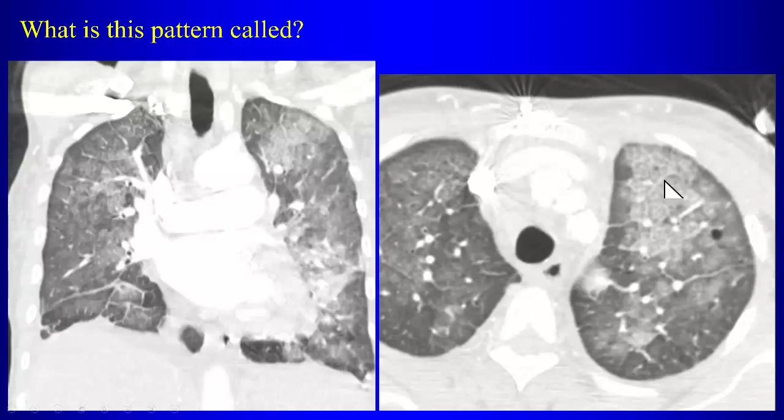So what do we call that? Well, if this is interlobular septal thickening, this is intralobular septal thickening, right? That's what makes it crazy paving. So what makes it crazy paving is that you have these geographic areas of ground glass opacity. There are areas of the lung that are spared, and then you have these areas of ground glass associated with interlobular and intralobular septal thickening.